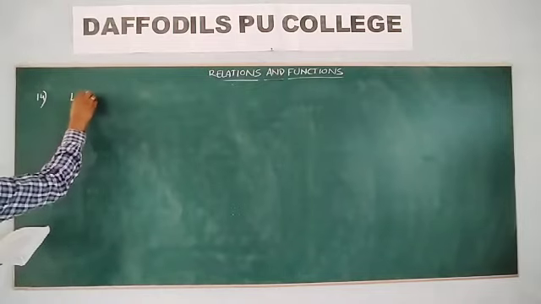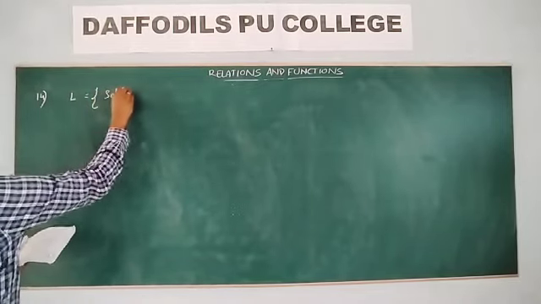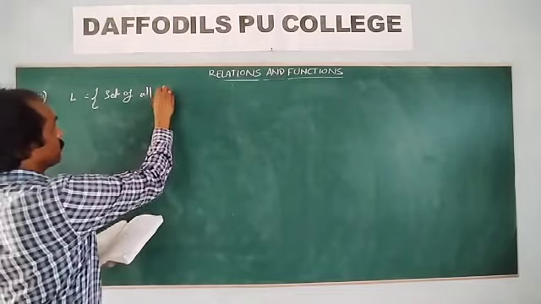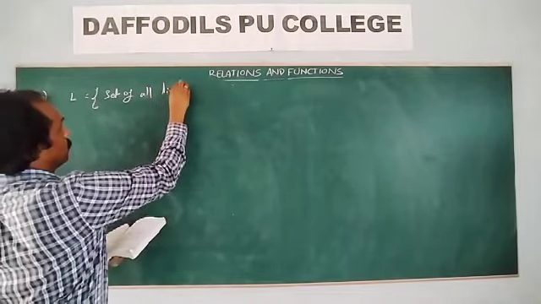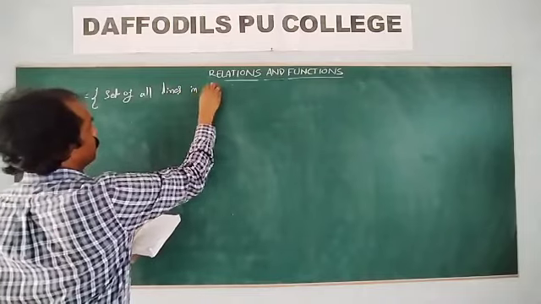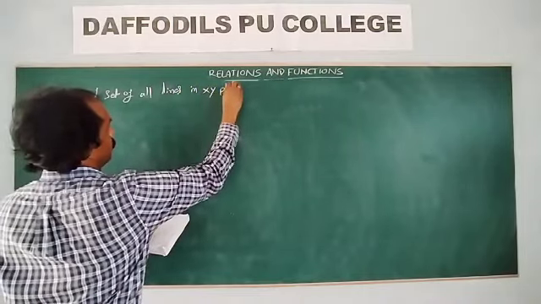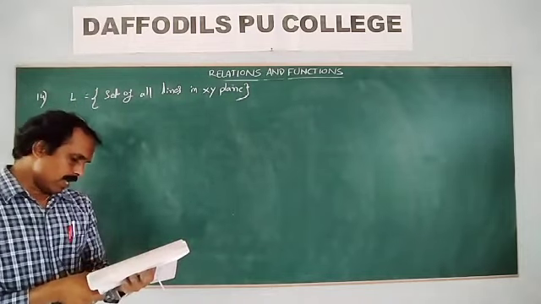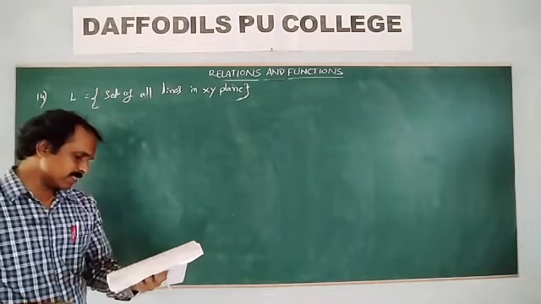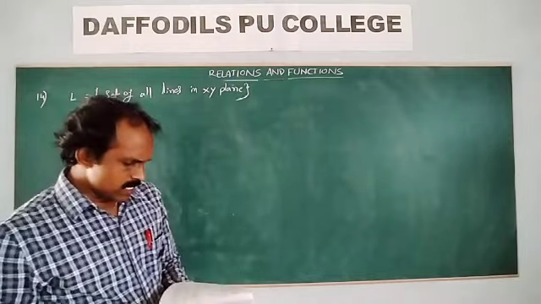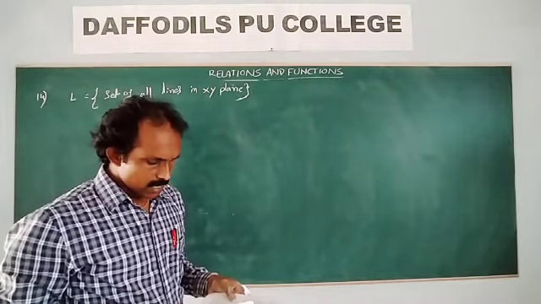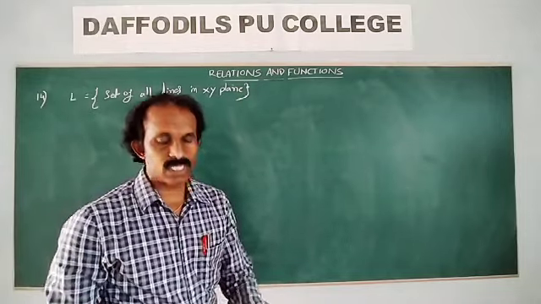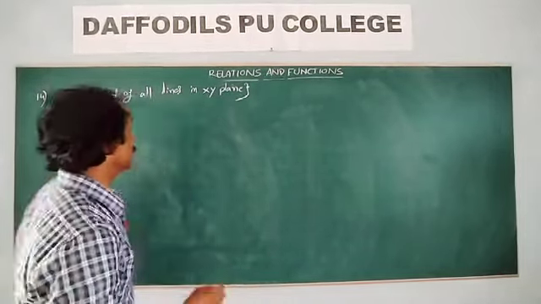Let L be the set of all lines in the xy plane, right? And R be the relation in L defined as that one. Show that it is first of all an equivalence relation.